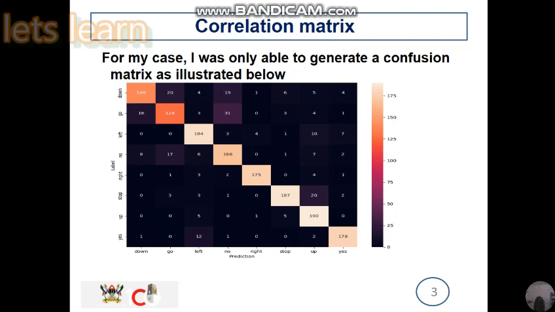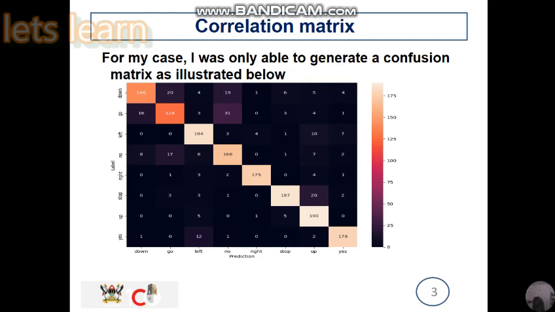So the correlation matrix. What's a correlation matrix?